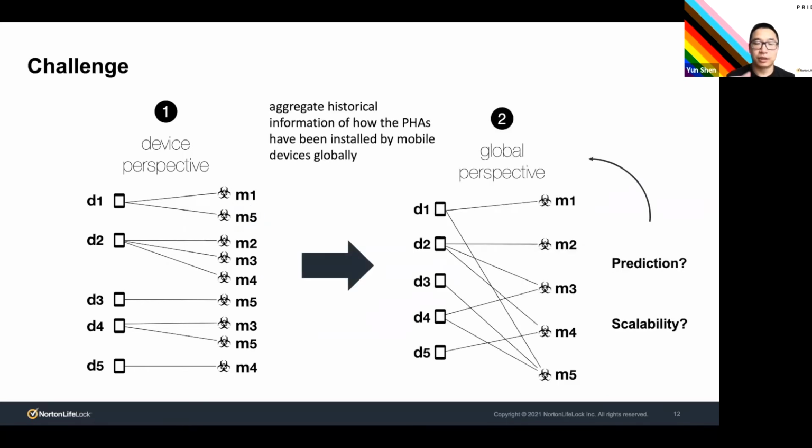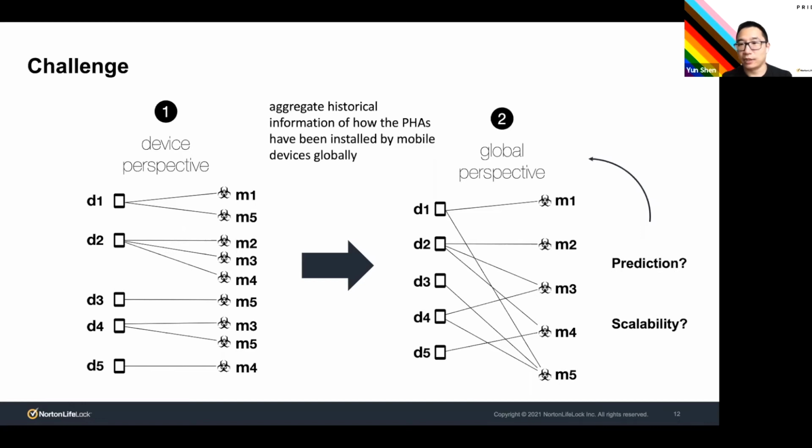So our solution is to aggregate historical information of how the PHAs have been installed by mobile devices globally. If we look at the graph on the right-hand side, we aggregate all the information from all the devices globally and create a condensed structure.